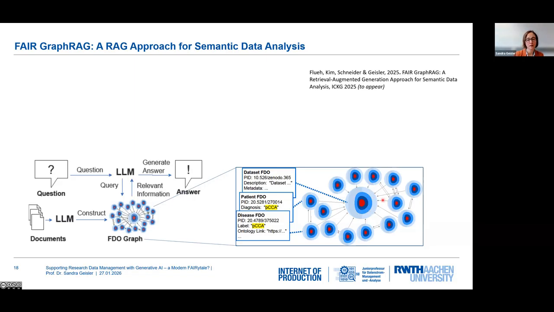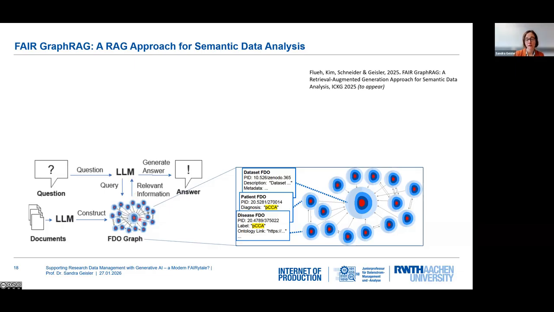You have access control layers around it, which say who is allowed to access the data and so on. And we used an LLM to, first of all, create such a graph, a knowledge graph. Each node represents a data set with the corresponding data. And we describe that with a knowledge graph.